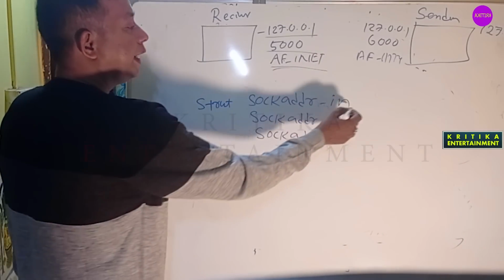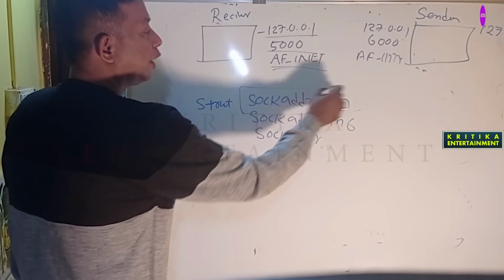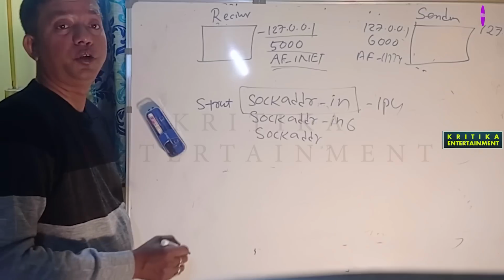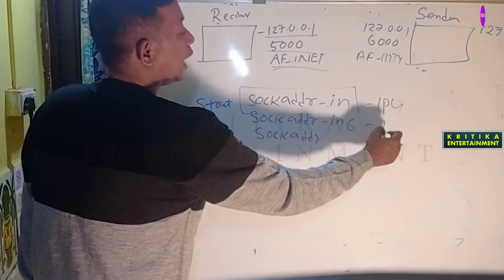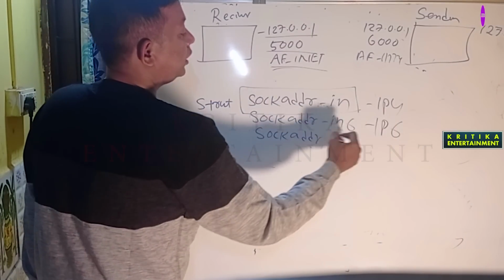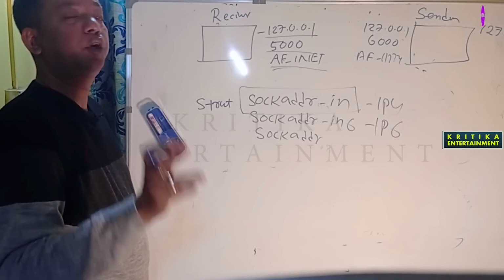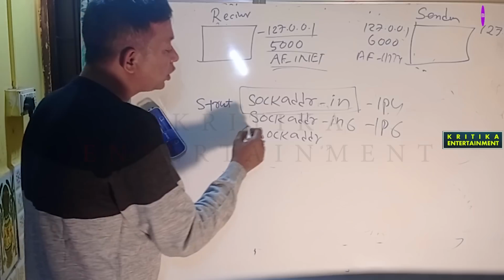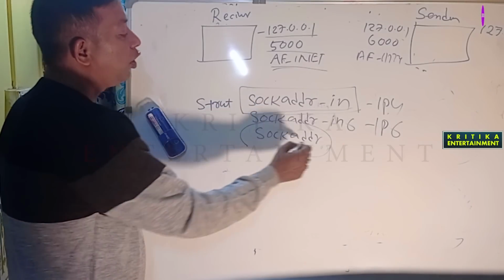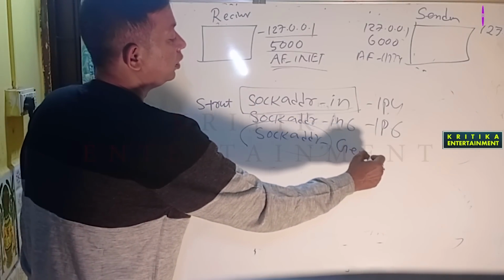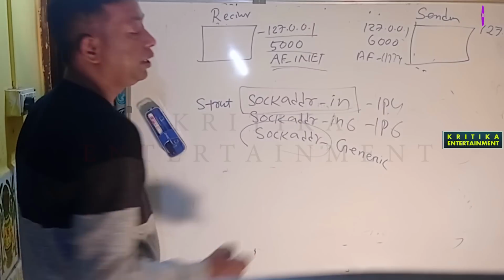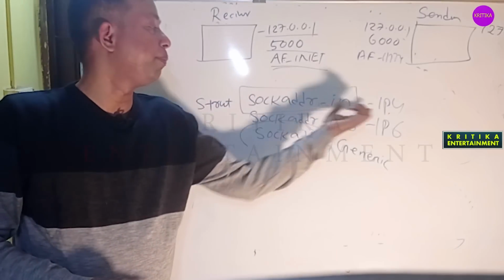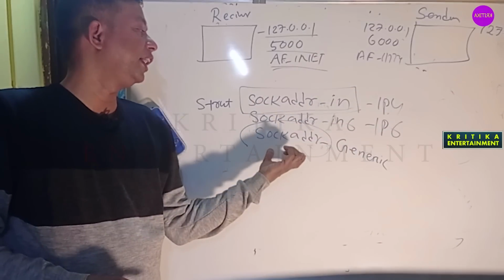I have already told you, if you are using IP4 then use sockaddr_in. If you are using IP6 then use this in6. My computer supports only IP4, so I will use this. Then what is the sockaddr? It is called generic structure. Generic structure means whether you are using IP4 or IP6, it can be cast into socket.